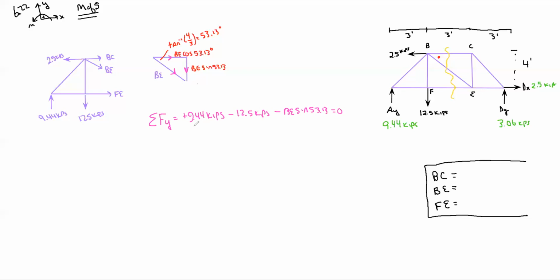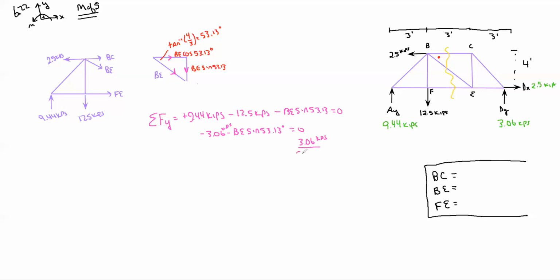So 9.44 minus 12.5 is negative 3.06, minus BE sine 53.13 equal to 0. That should be kips.